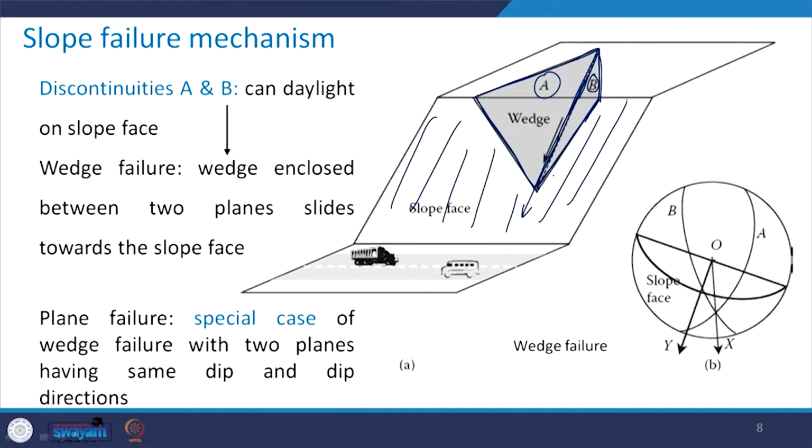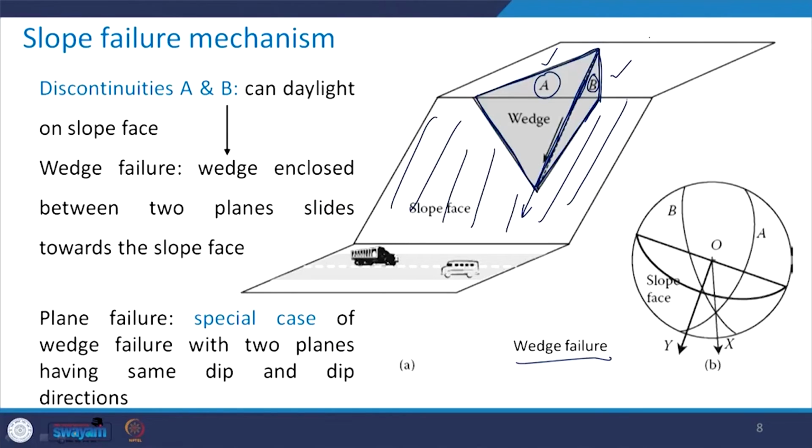See, in case of the plane failure, it was only one discontinuity along which the sliding was taking place, but here you have two planes, and whatever is the wedge that is formed in between these two planes, that whole wedge will have the tendency to slide towards the slope face. So, this type of failure is called as wedge failure.